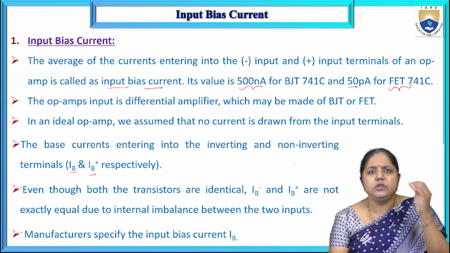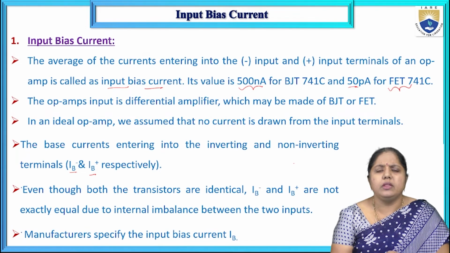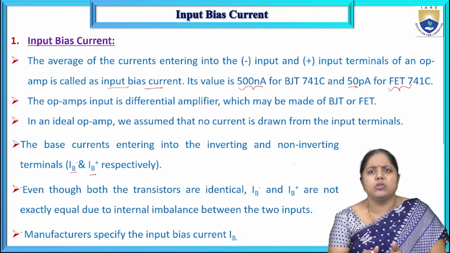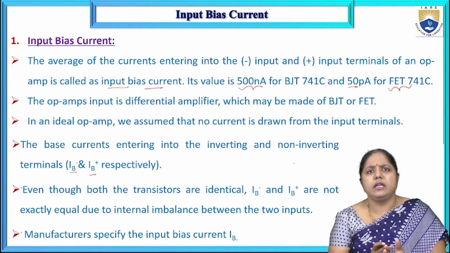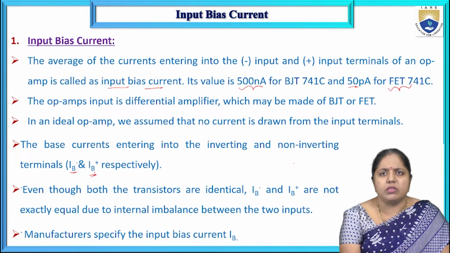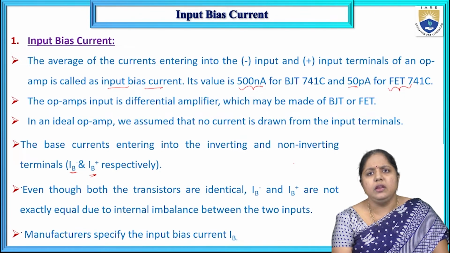The dual input balanced output differential amplifier internally has two common emitter configuration circuits which are cross coupled to each other. If both transistors are symmetrical with respect to each other, then the base currents IB plus and IB minus entering the transistors are equal.